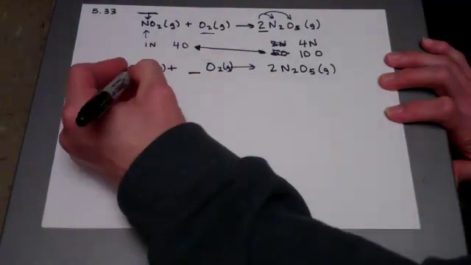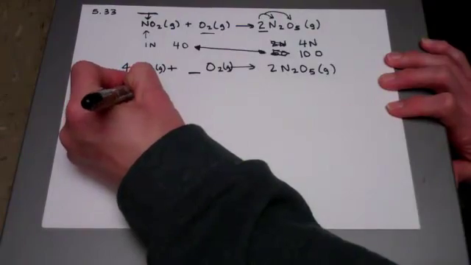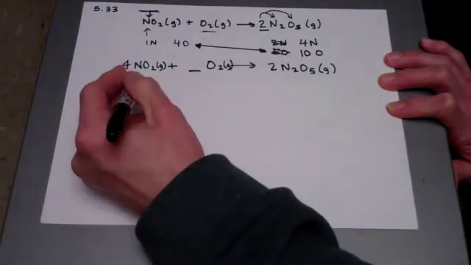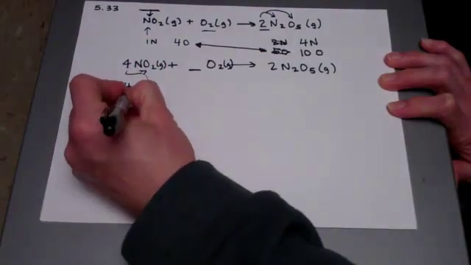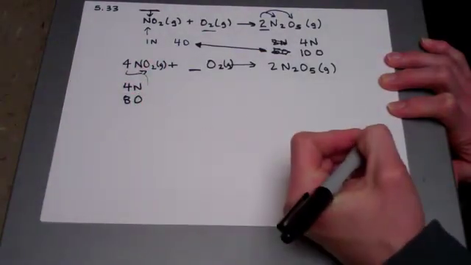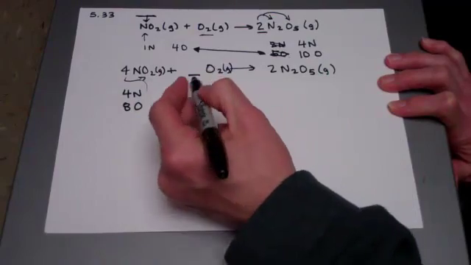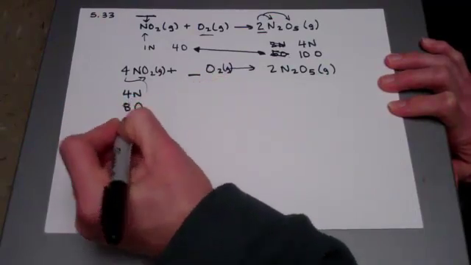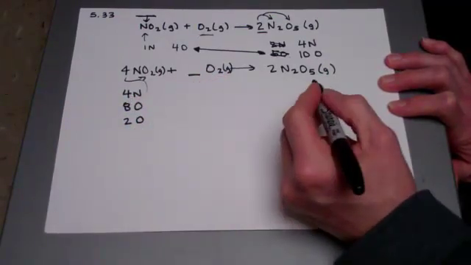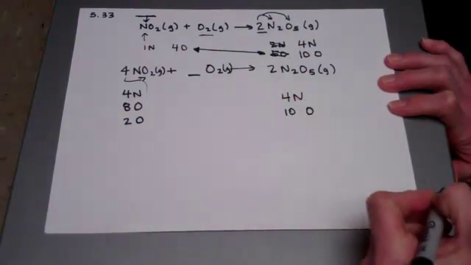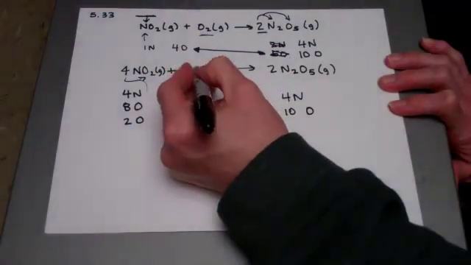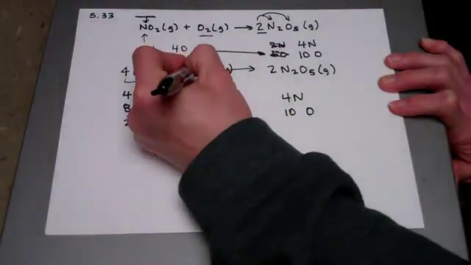Okay, so now what do I have on this side? I've got 4 nitrogens, and I've got 4 times 2 oxygens, so I've got 8 oxygens now. And I've also got the 2 oxygens over here. So I've got a total of 10 oxygens, plus the 10 oxygens over here. I think I'm balanced. So I don't need a number in front of this. It's going to be 1.